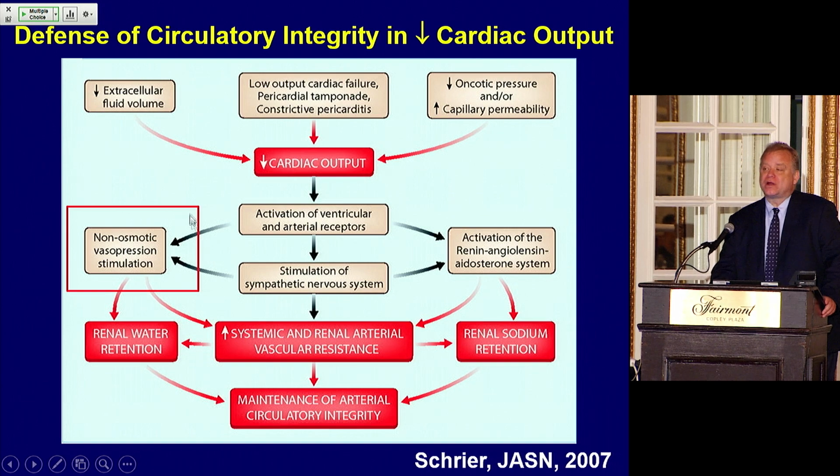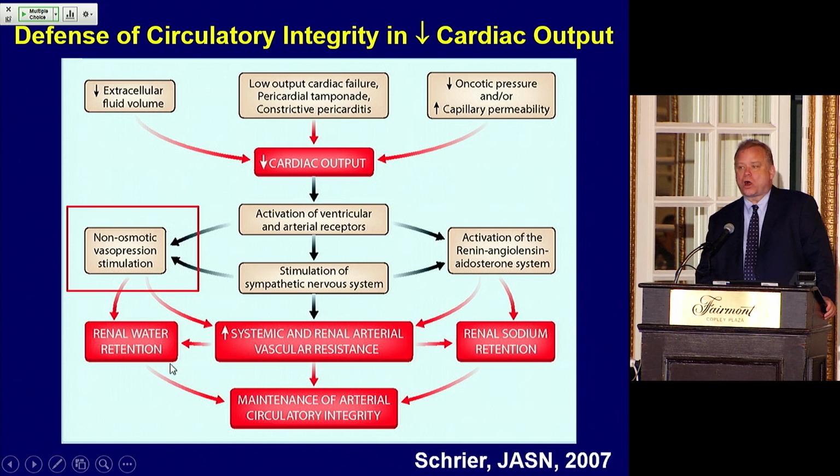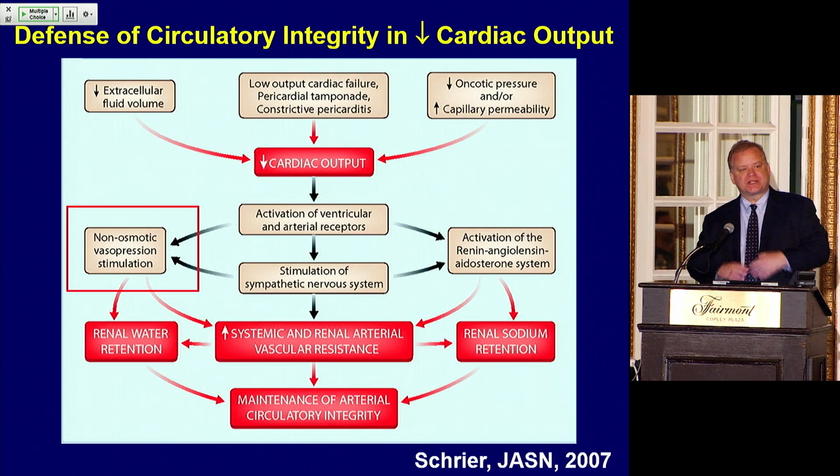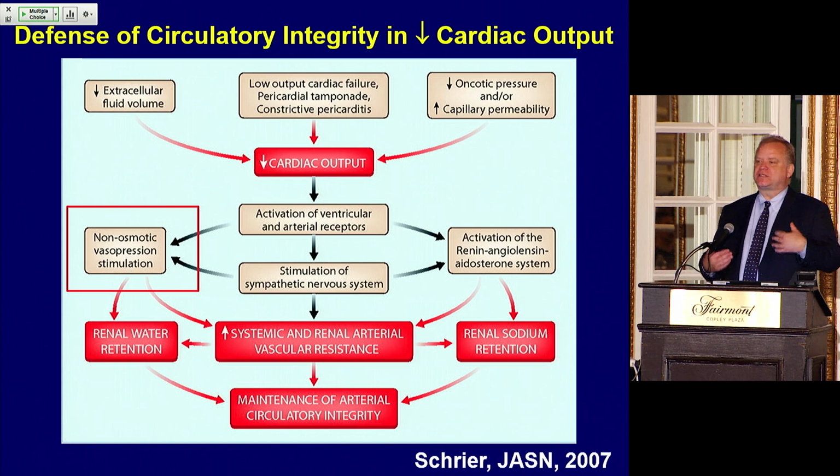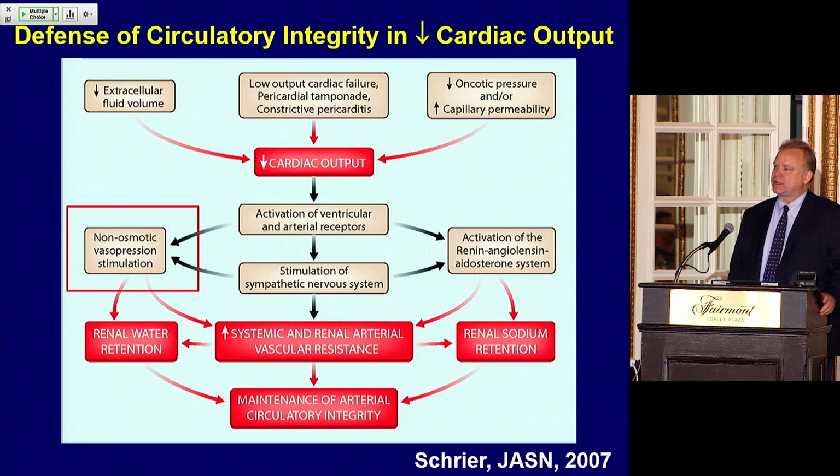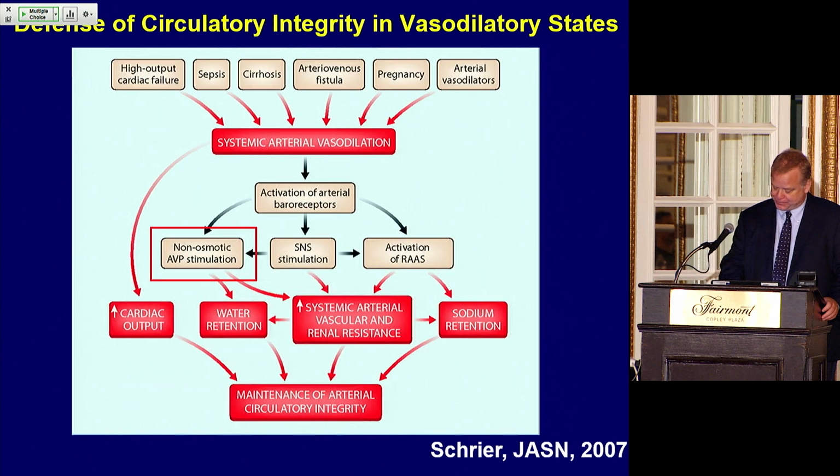You'll also, however, have this non-osmotic or modulated release of vasopressin that'll cause renal water retention, increase your systemic resistance through the V1A receptors, and help sustain blood pressure. So here the side effect is that you'll have a relative excess of water reabsorption and you'll have hyponatremia.